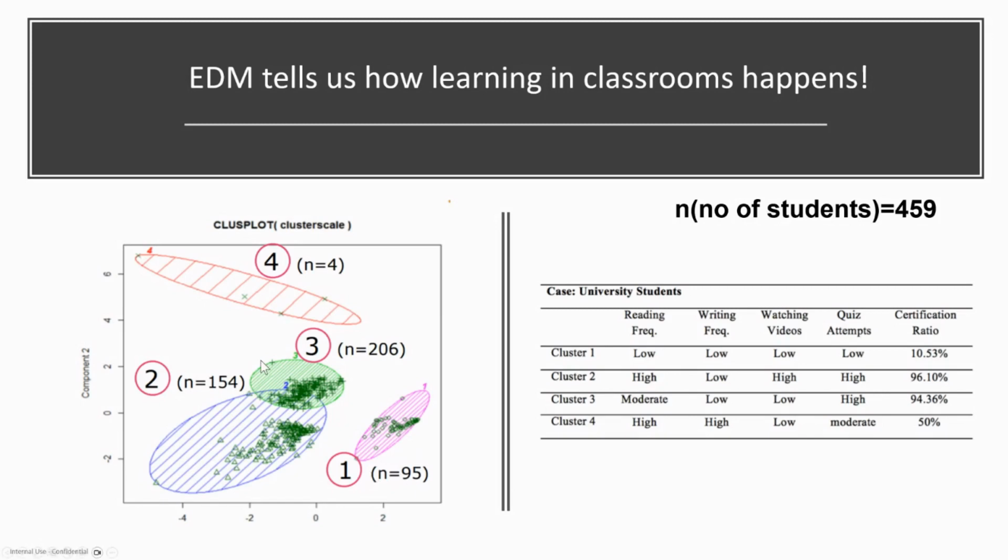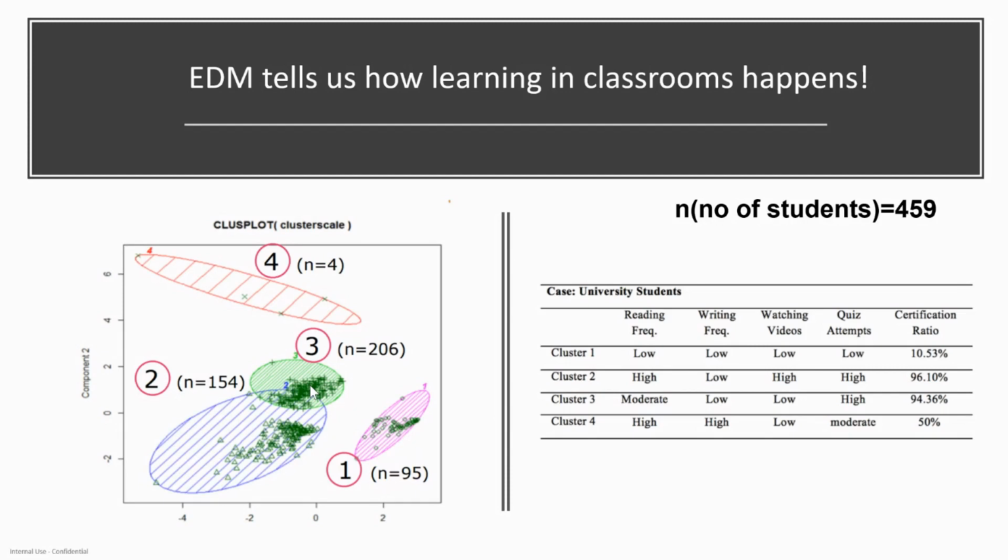If you look at cluster 2 and cluster 3, this was where there was blended learning. We gave them a few on-the-job trainings and also a few e-learnings. That is where we had the highest number of people who took up the certification. Even though we had to read, and there were a lot of videos to watch and a lot of quizzes to attempt, the certification ratio was pretty high compared to cluster 1.